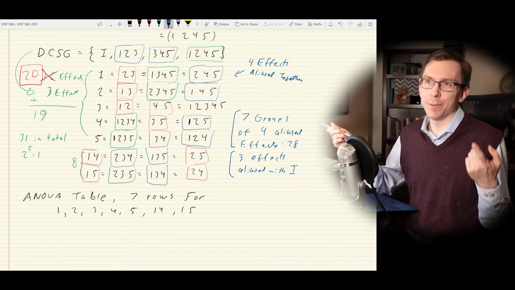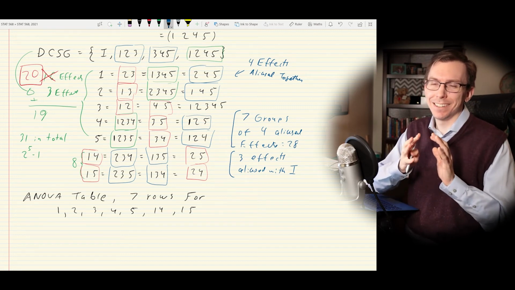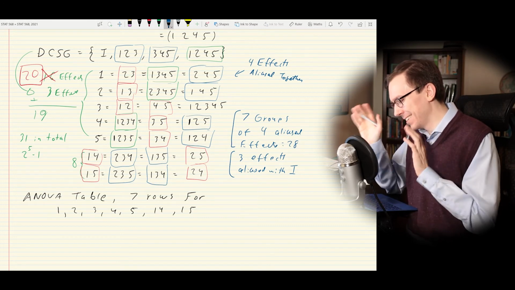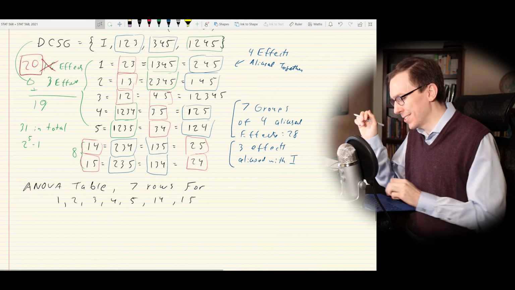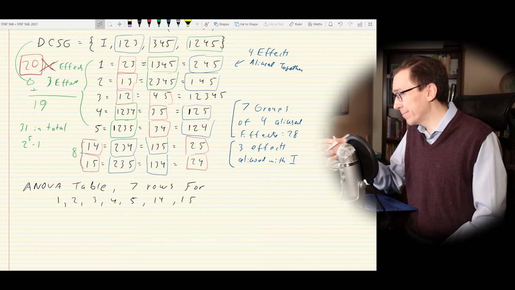And then note that the identity would be the 32nd term, which also kind of corresponds to the global mean and everything like that. So there's a nice interpretation to all this. But anyway, that's what we got here for our 2 to the 5 minus 2 design.